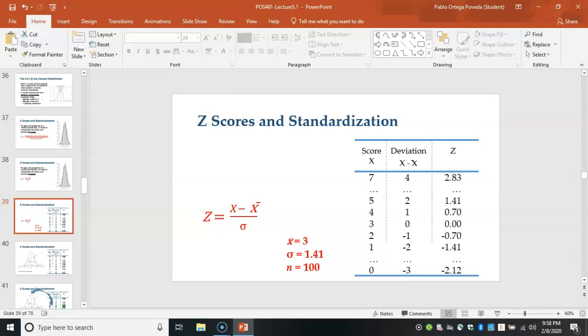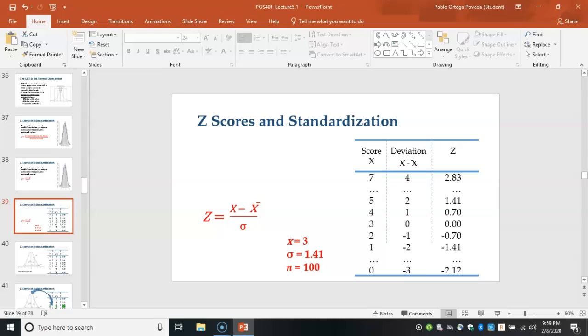The mean of this sample is 3 and the standard deviation of the population is 1.41, right? So if you have, for instance, a value of 7, the deviation from the mean is going to be 4, right? And the z value is going to be 2.83.